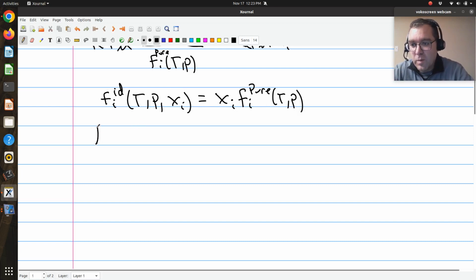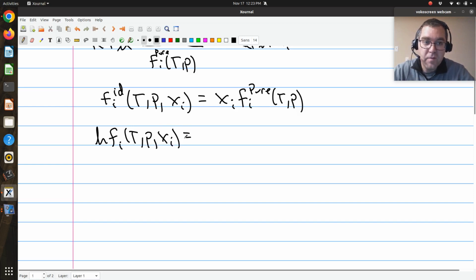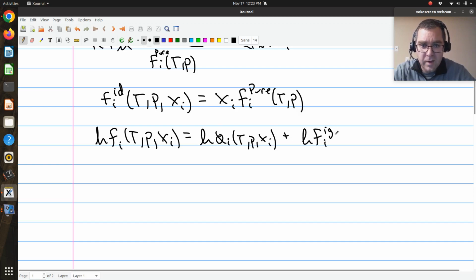When we've discussed expanding our fugacity, if I'm calculating the fugacity of some component i in some mixture at T, P, and xi, so far what we've done is expand with respect to an ideal gas reference state. That took the form of log phi at T, P, and xi plus the log fugacity of component i in some ideal gas state at T, P, and xi.